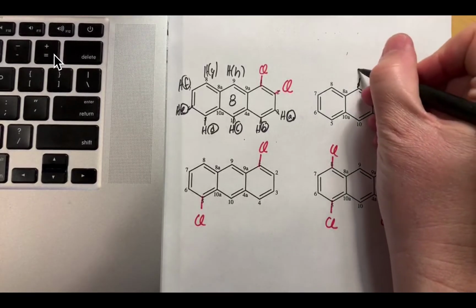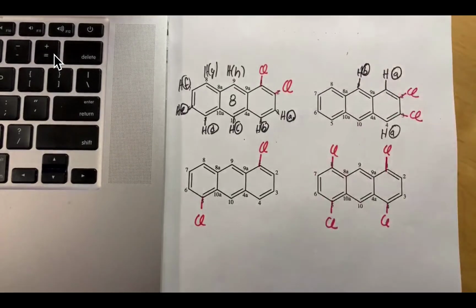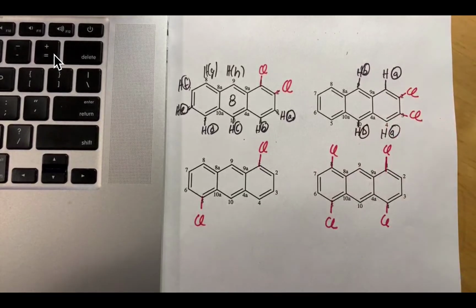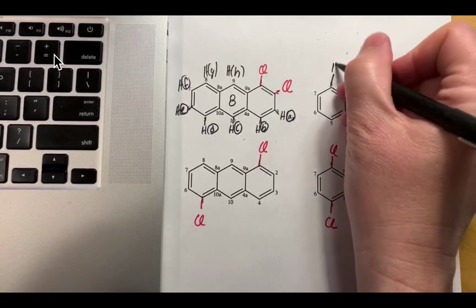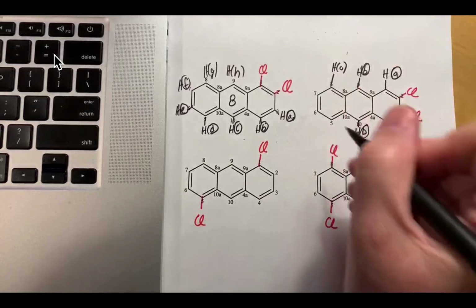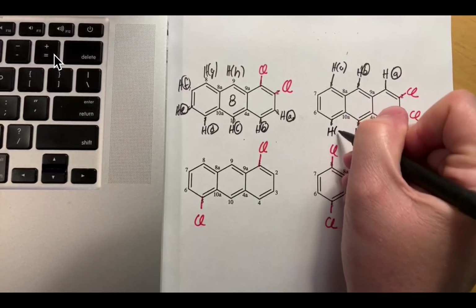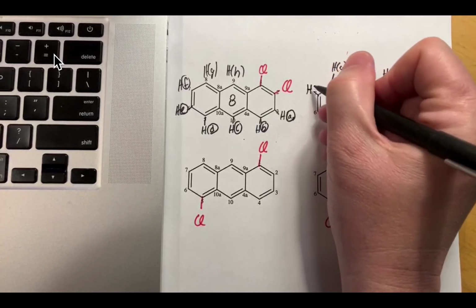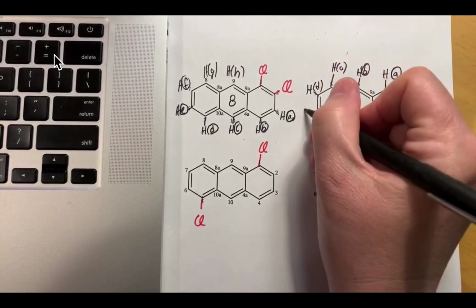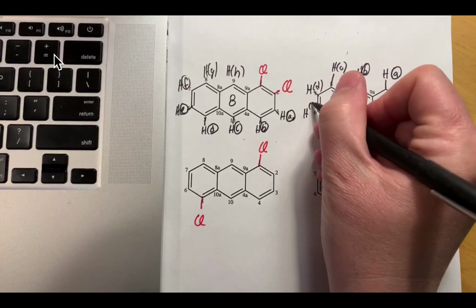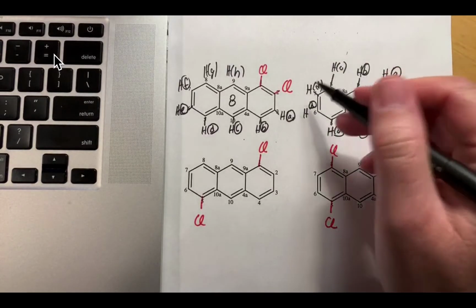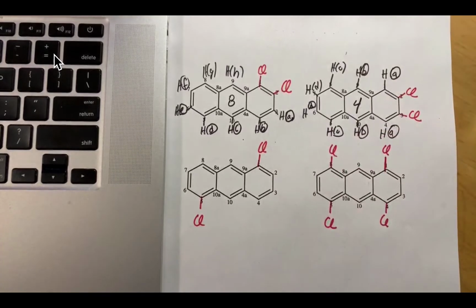So I need to make a new label, B. That also can get carried down to the bottom, B. C, and C can also get carried down to the bottom. And then D. D can get carried down to the bottom. So 1, 2, 3, 4, total of 4 unique protons in that molecule.